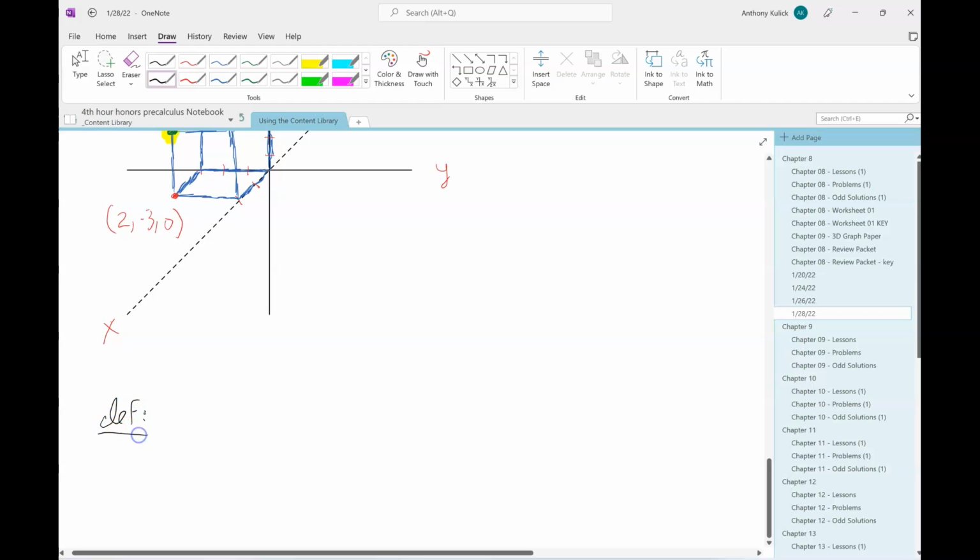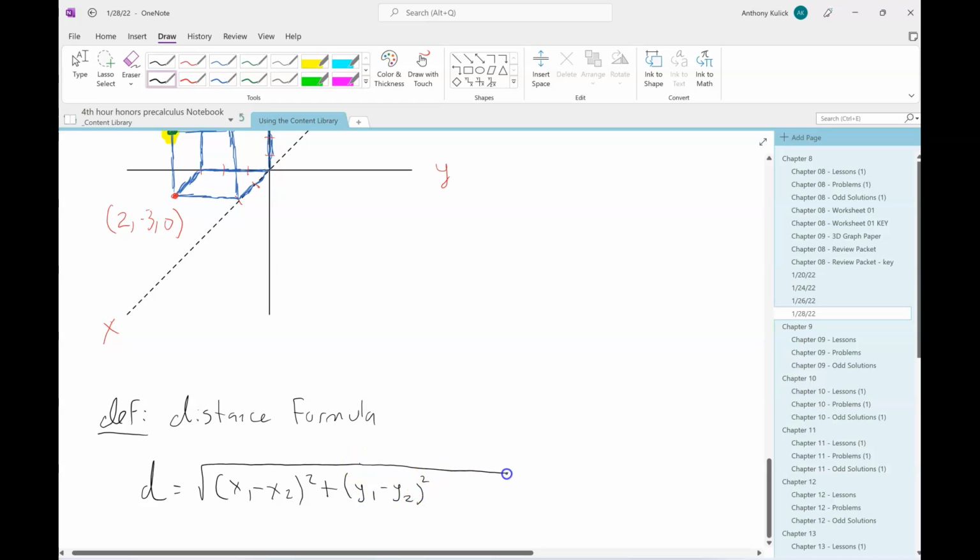So we have points in 3 dimensions. Two things that probably need to be updated would be our distance formula. For one, in 2 dimensions, remember that our distance formula is just x1 minus x2 squared plus y1 minus y2 squared.